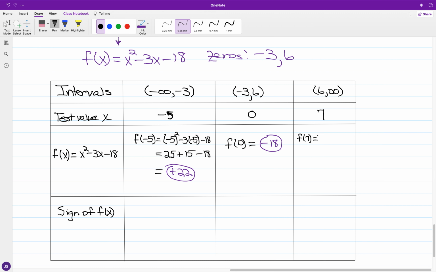So you have f of 7, so you have 7 squared minus 3 times 7 minus 18. 7 squared is 49. You got minus 21 minus 18. 49 minus 21 is 28. Take away 18, and the difference is going to be positive 10.